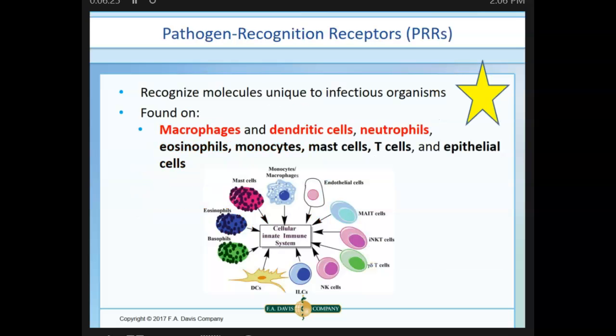Pathogen recognition receptors are on molecules, and they recognize molecules unique to infectious organisms. Pathogen recognition receptors are found on macrophages, dendritic cells, neutrophils, eosinophils, monocytes, mast cells, T cells, and epithelial cells.